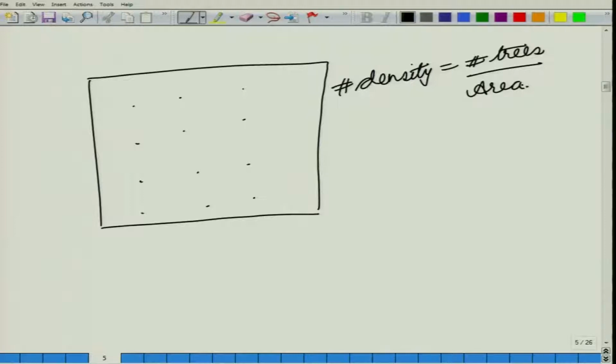Now, we could use this number density, but then why are we going for the basal area density, which is given by the sum of the basal areas of all the trees divided by the area? Why do we go for the basal area and not for the number of trees?